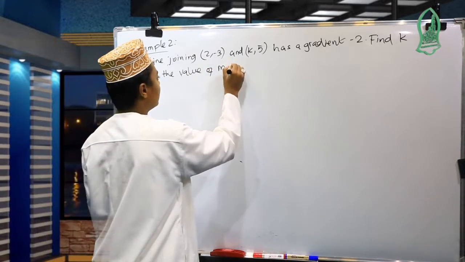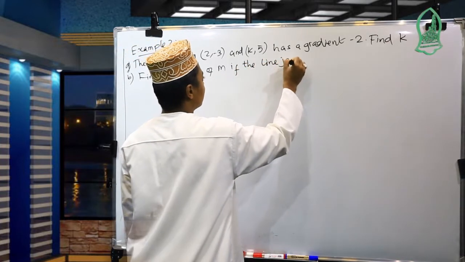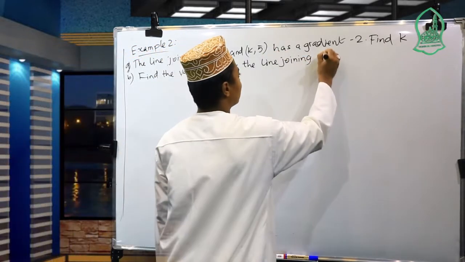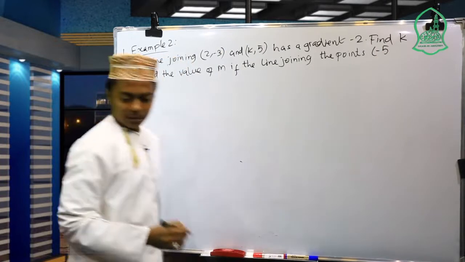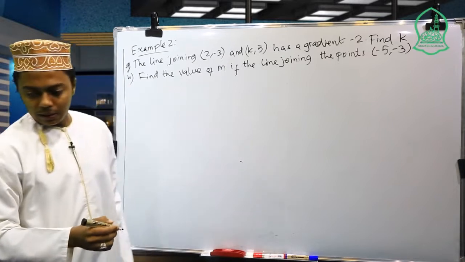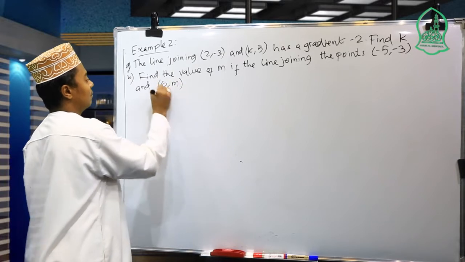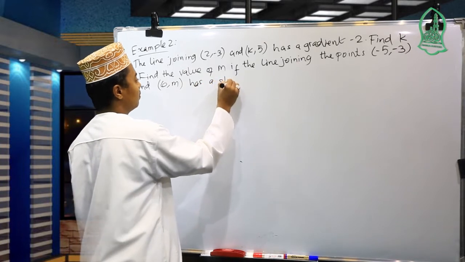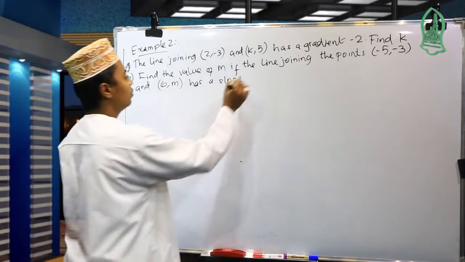If the line joining the points negative 5 comma negative 3 and 6 comma M has a slope of 1/2.